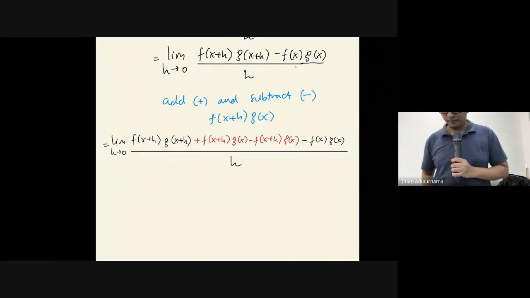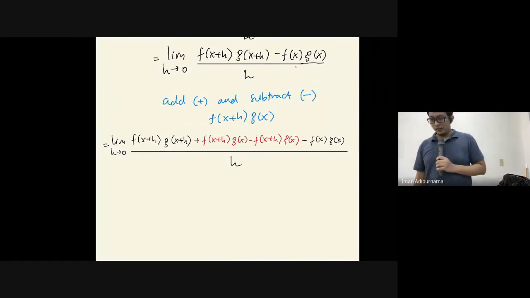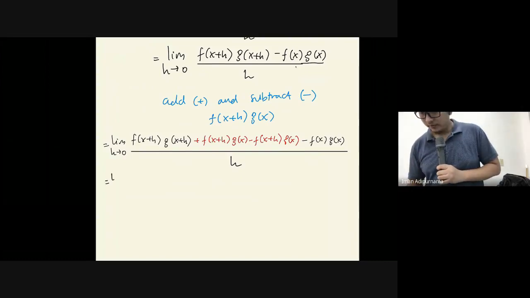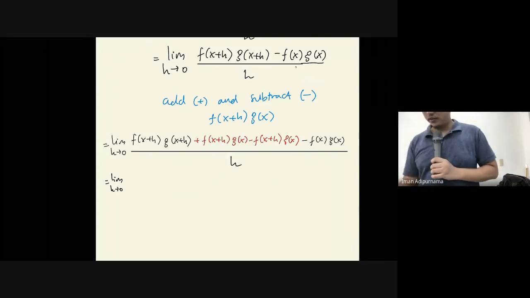Okay, and then I will group some expressions.